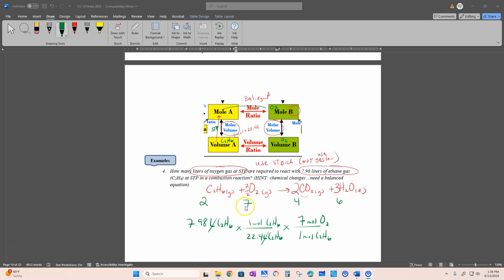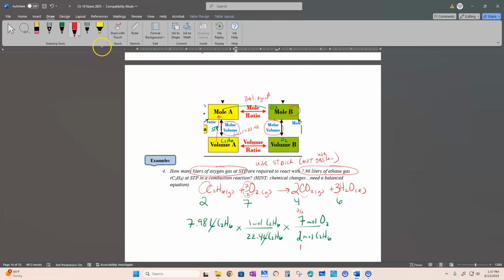All right, back to my equation. Apologies, I had to pause right there. I have my 7 moles of O2, but if I'm going to use these whole numbers, I'm going to put a 2 down here at the bottom. Originally, I had a 1, because if you do decide to use the red numbers, nothing wrong with it, you put a 1 down here and then a 7/2.